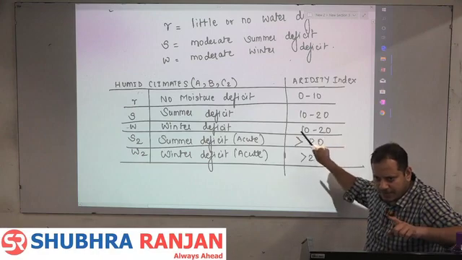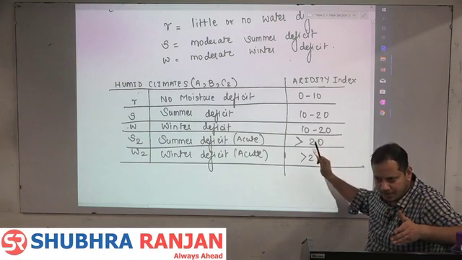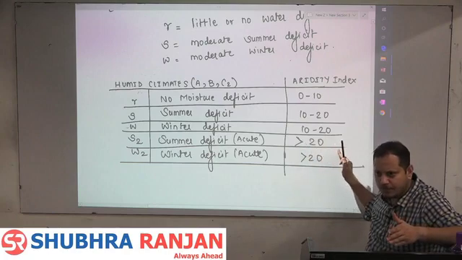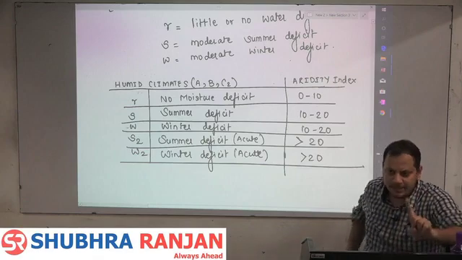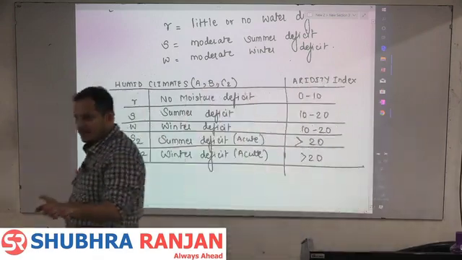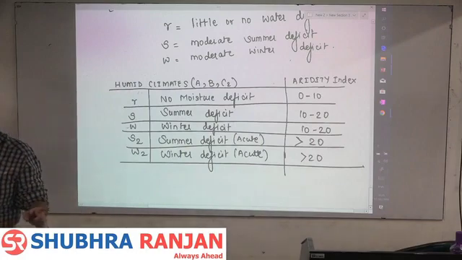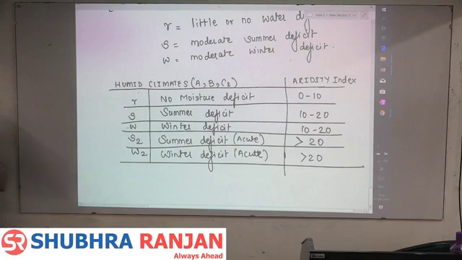Fine? S2, acute summer deficit greater than 20%. W2, acute winter deficit greater than 20%. So based on the aridity index, he calculates humidity provinces. Fine? Based on aridity index, he calculates humidity provinces, and based on humidity index, he will calculate deserts, how much humidity there is and how much there isn't.